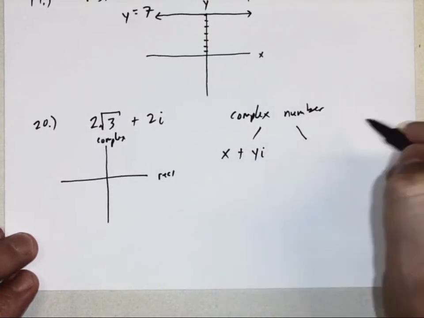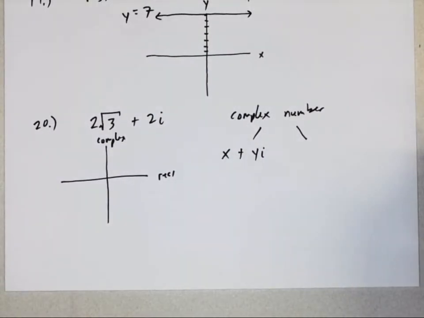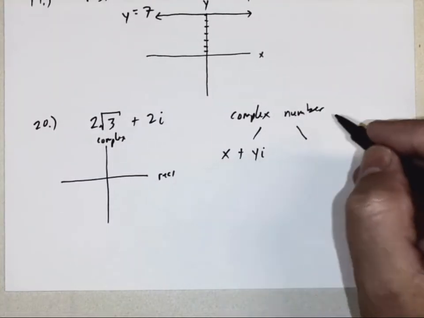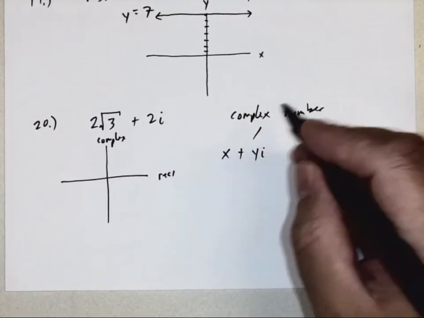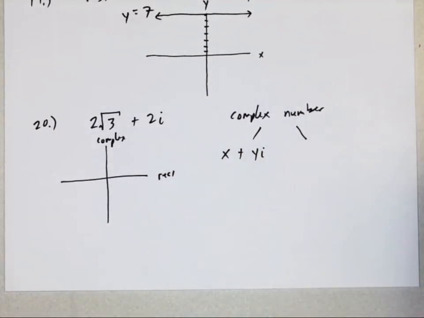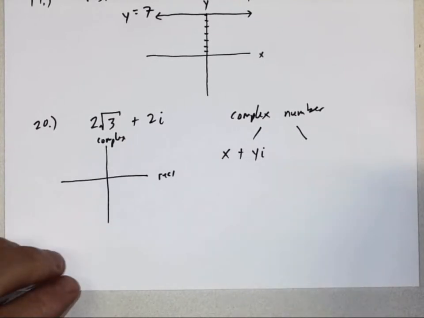But at the same time, we did a thing where we can also convert these rectangular coordinates into polar, and we can sort of turn this real complex graph into polar coordinates.